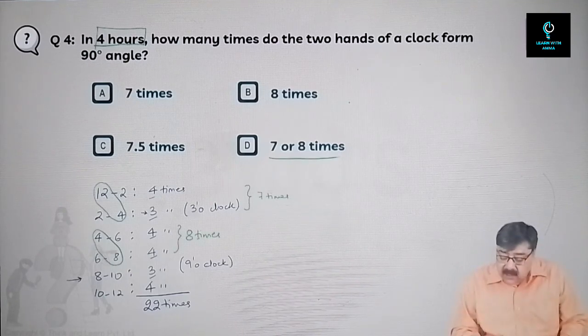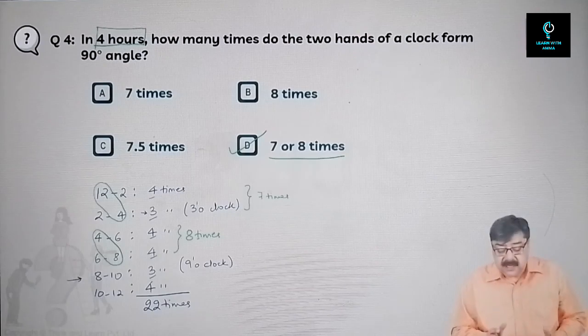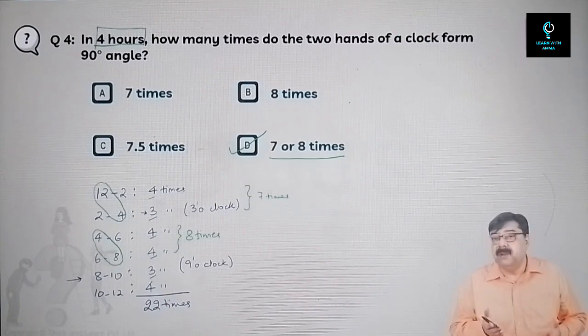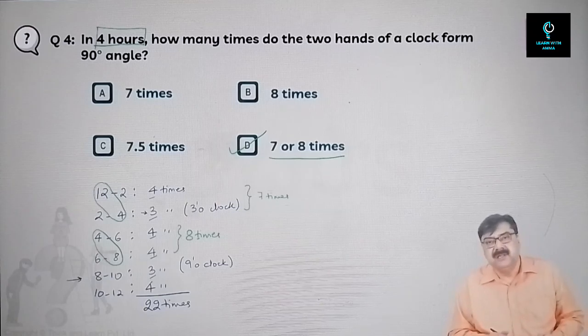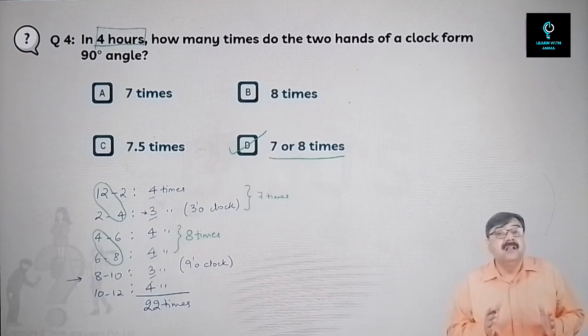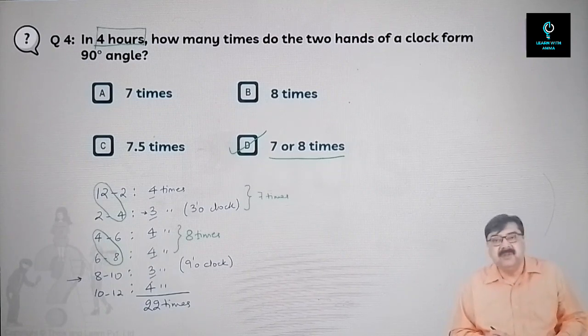So 7 or 8 times because this 4 hours duration has not been specified to us. Had it been given from 12 to 4, then your answer would have been 7 times. Had it been given between 4 and 8 o'clock, then your answer would have been 8 times. So 7 or 8 times would be the correct answer here.